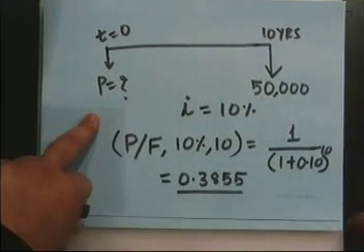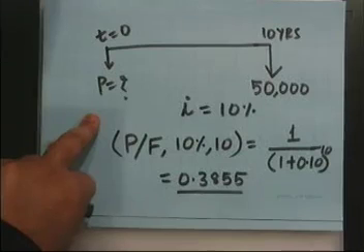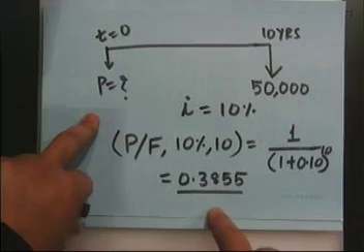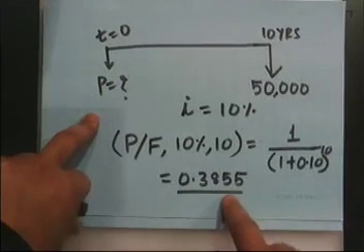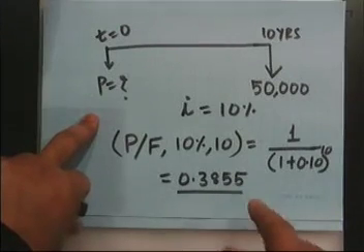So, how much would 50,000 rupees at the end of year 10 be equivalent to at t equal to 0? It would be nothing but 50,000 multiplied by 0.3855.